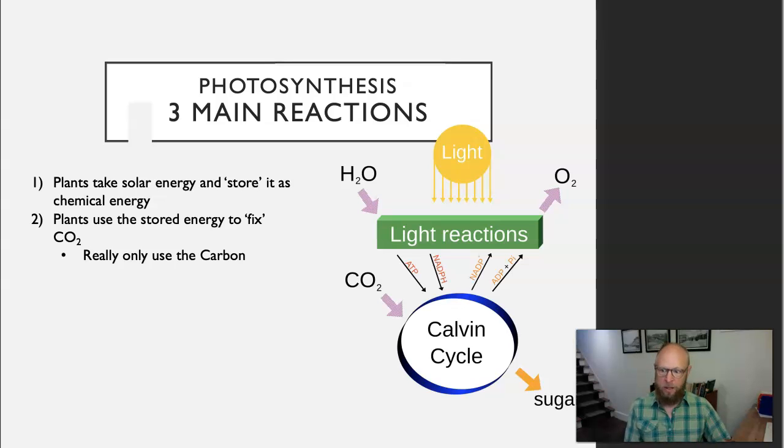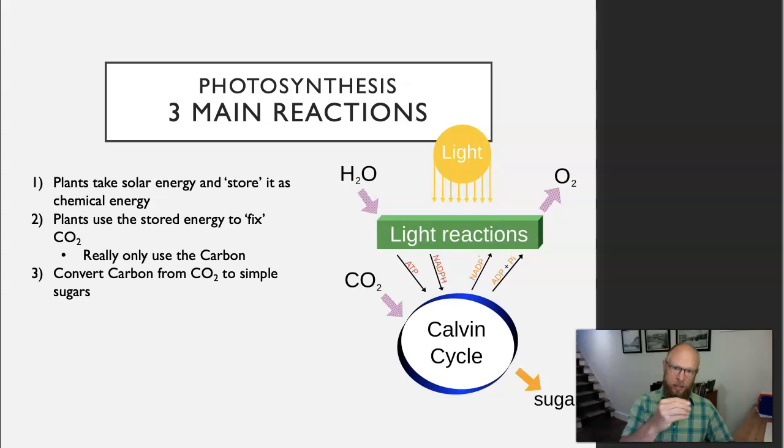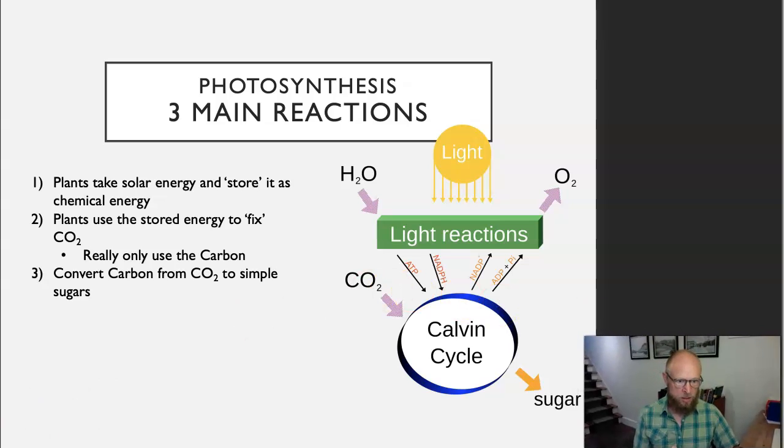Then this third step would be taking that carbon from the CO2 molecule, putting it into a larger molecule and building simple sugars. So our three steps are harvesting solar energy and storing it as chemical energy, using that stored energy to fix carbon, and then converting that carbon to a simple sugar. So those are our main steps. Let me move my picture here so you can see the full words, converting it to sugar.